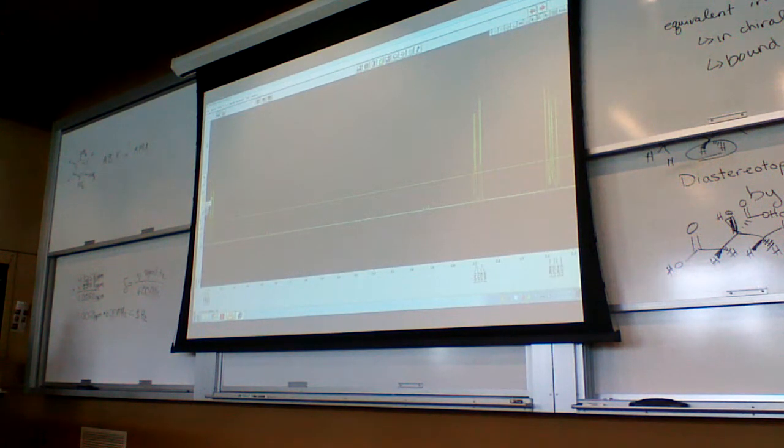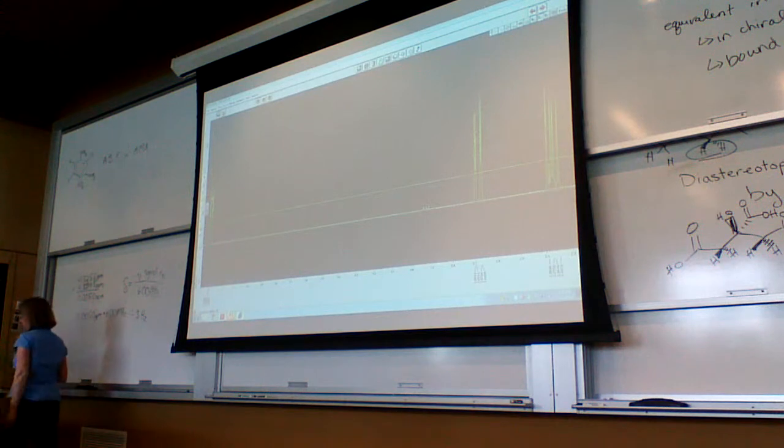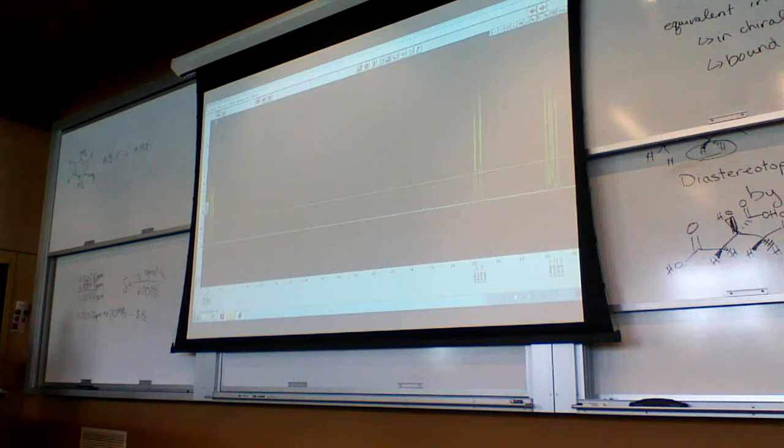So I'm going to select this one and this one. You can see that they're both yellow down here, meaning they're selected. And then I hit J, and I get 3 hertz for the coupling constant. So the original file that I'm working up right here knows what the frequency of the NMR was that it was using. So it's going to give me 3 hertz there.